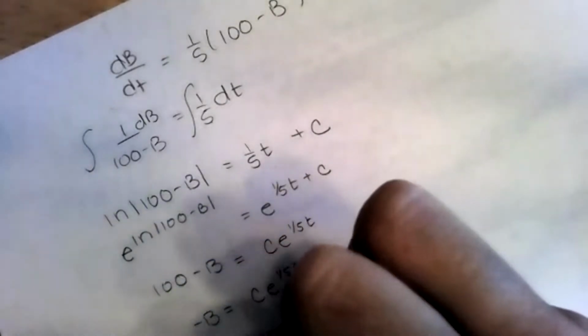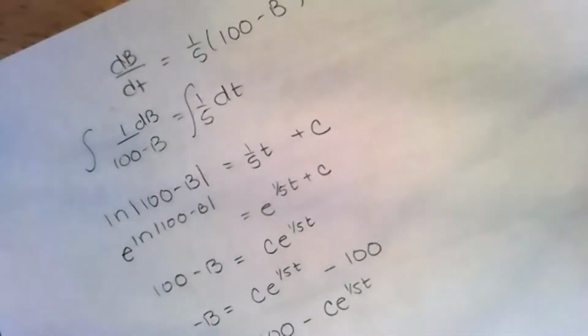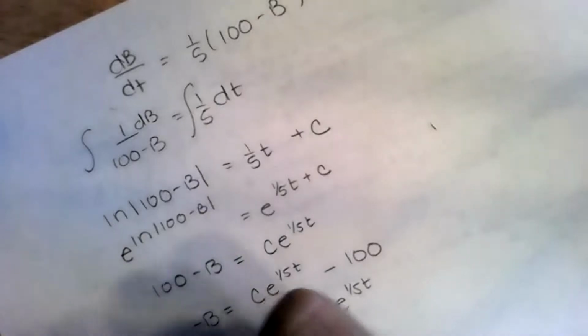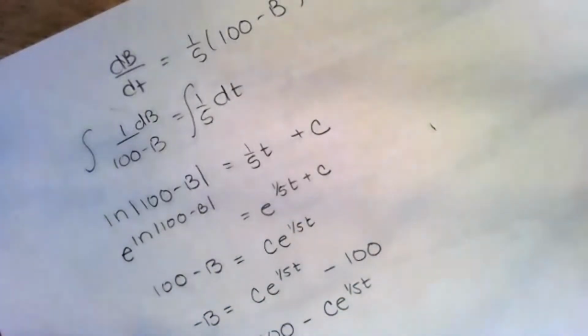So it's kind of like 100 minus C e to the 1/5 t, where that 100 sort of represents that starting idea, or our max idea, and we're going to put in our values.